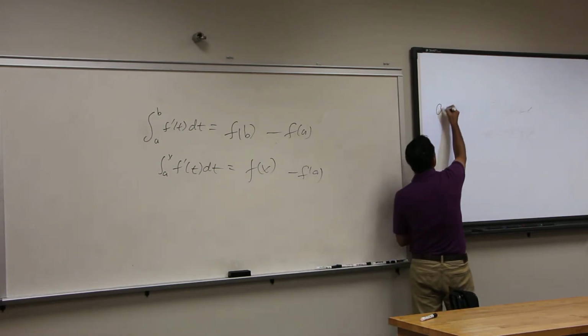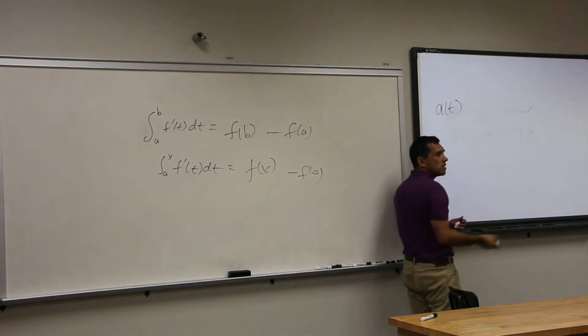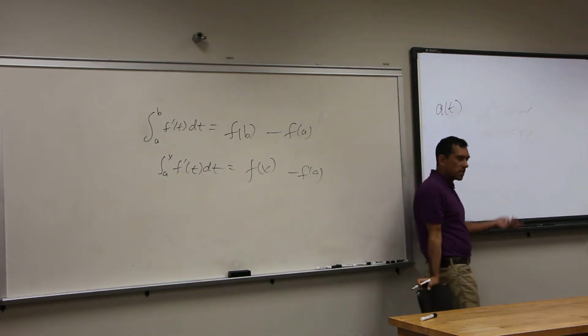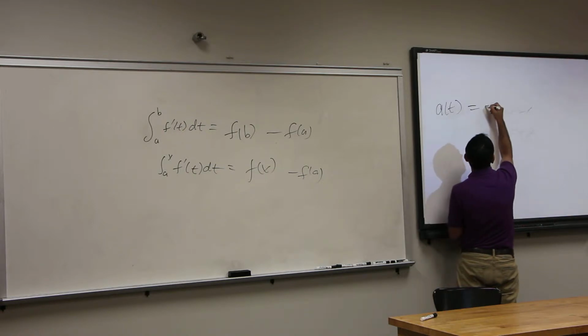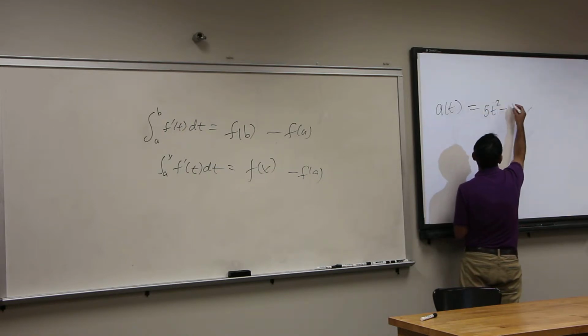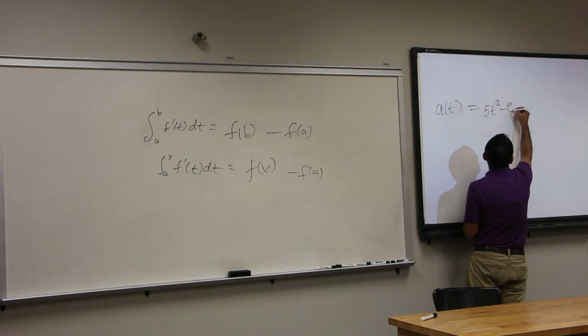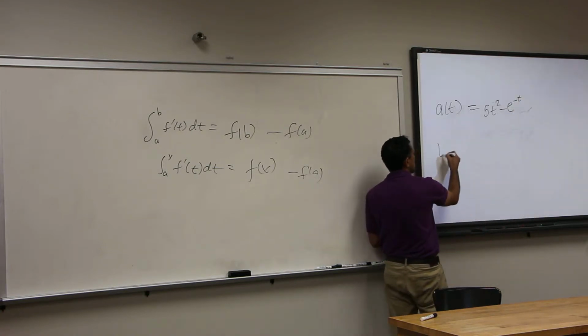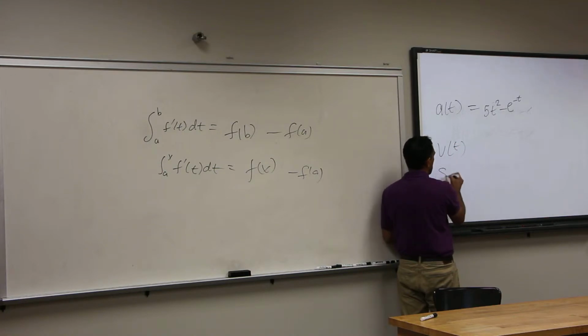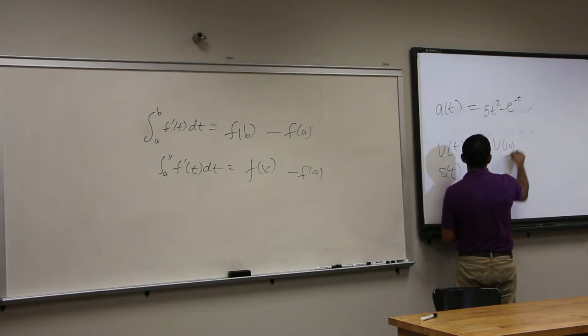The acceleration of the particle is given by something like this, e to the negative t. And somebody says, well, give me the velocity function, and give me the position function, and give me the velocity at 10, and give me the position at 10.